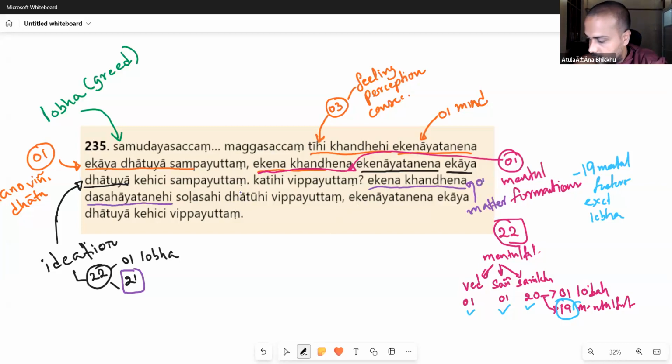So ekena means one. I already know Pali. Then dasahayatanehi means the 10 bases, which are the 10 gross bases, right?